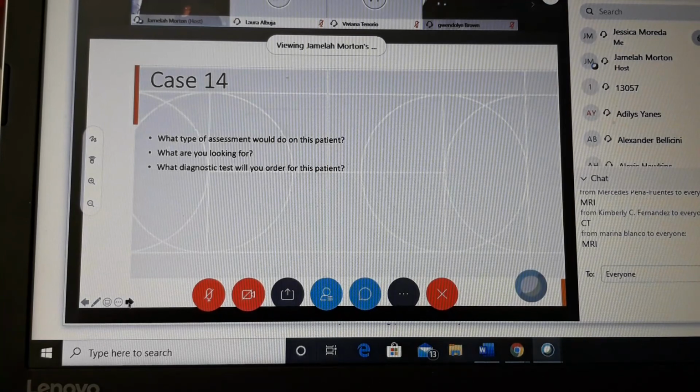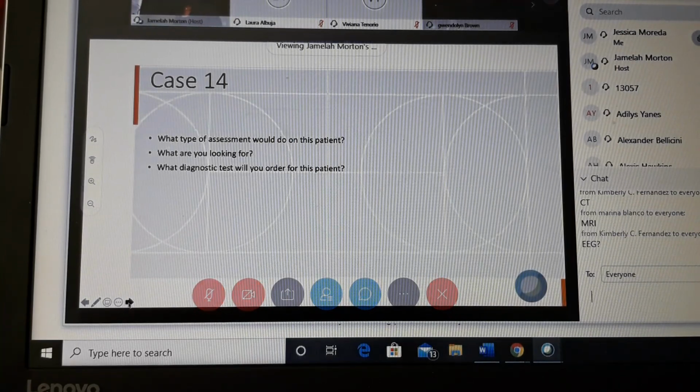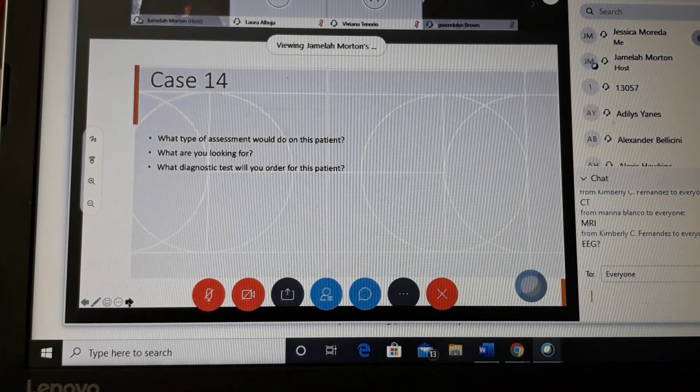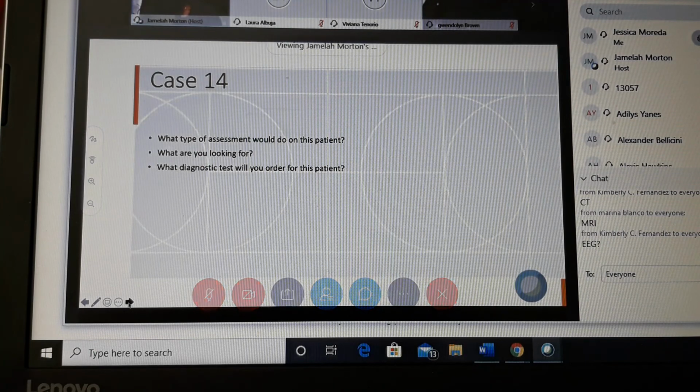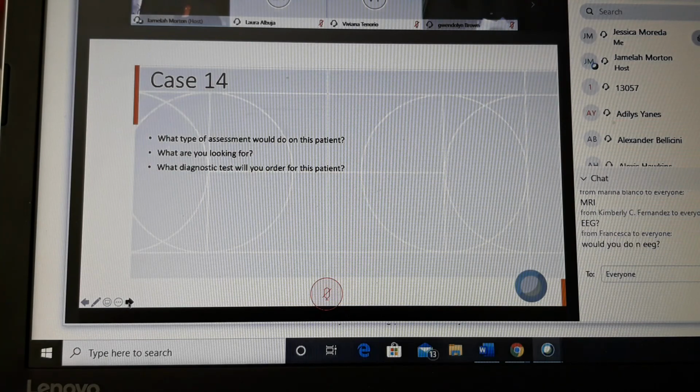You're going to definitely do blood work also, because metabolic causes can cause patients to have seizures. Although metabolic causes usually give you more tonic-clonic or whole brain involvement. You want to do an EEG. An EEG would actually show you the electrical activity of the brain. So those are the diagnostic tests that you're basically ordering.